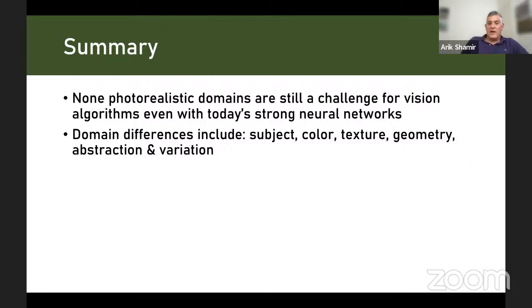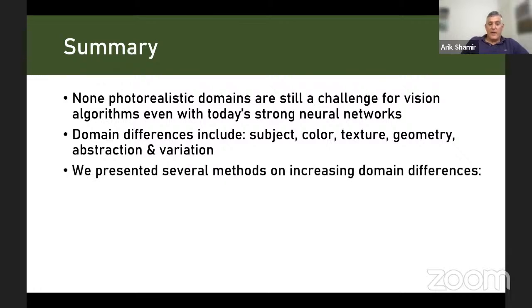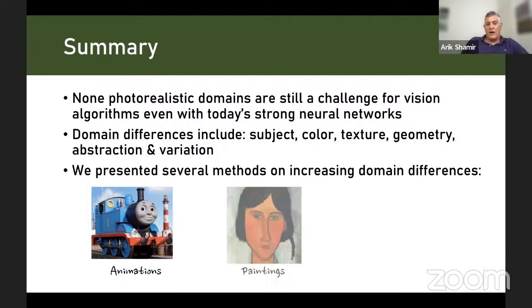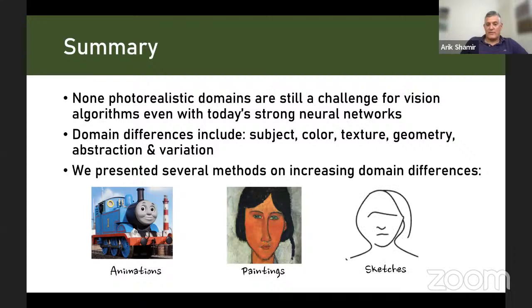All these create challenges for artistic or non-photorealistic domains. We presented several novel methods for addressing these domain differences: on animation sequences, on artistic paintings, and lastly, also for abstract sketches.